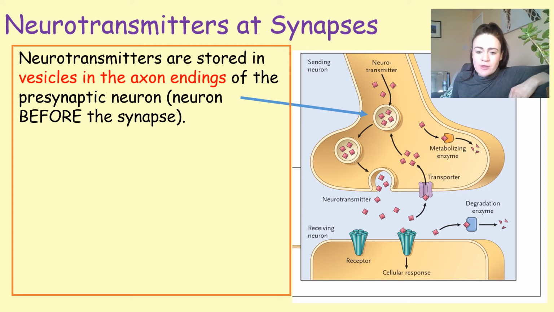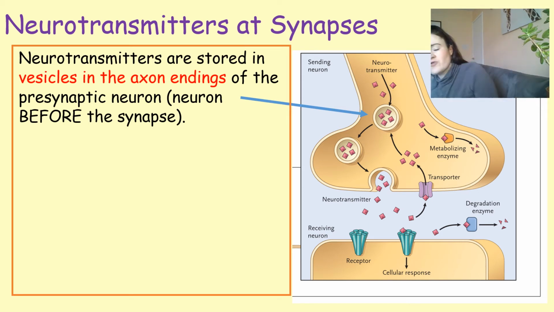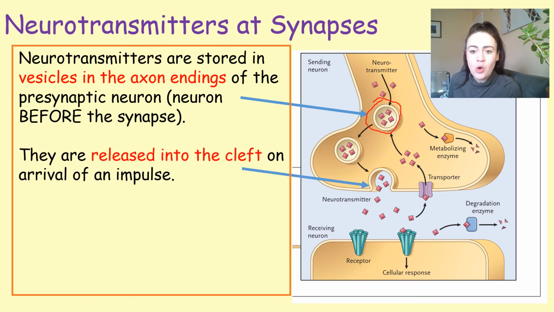So when we're talking about the neuron that is presynaptic, we're talking about the neuron before the synapse. So pre means before. So we've got our neurotransmitters in vesicles here, and then that vesicle will move towards the membrane of our synaptic terminal, and then the vesicle will release the neurotransmitters into the synaptic cleft.